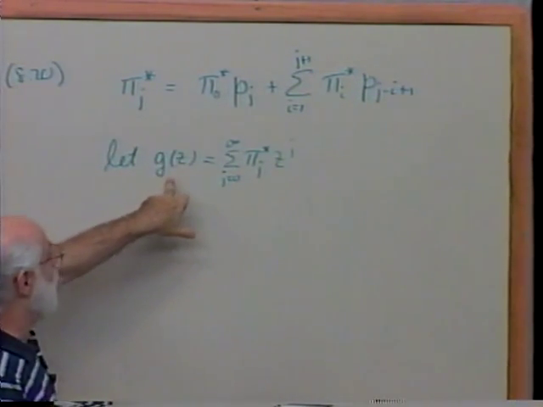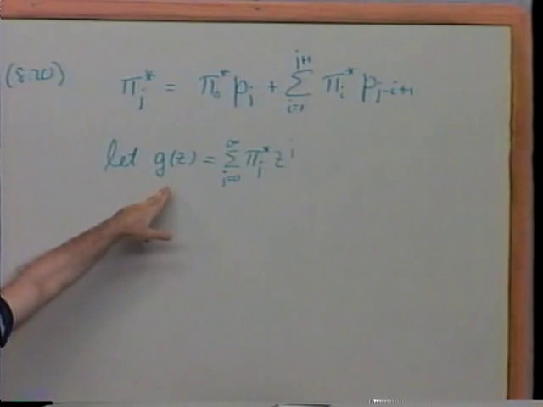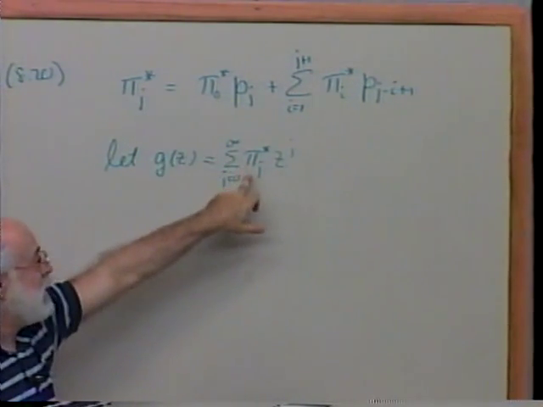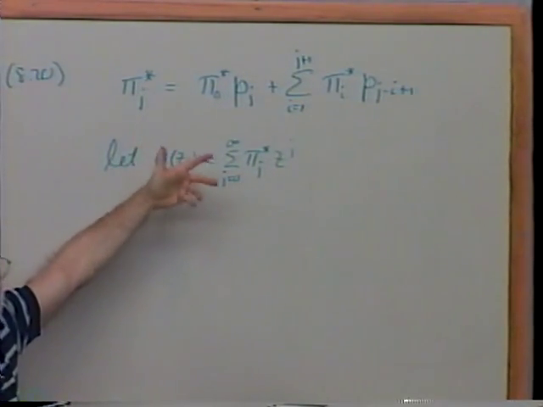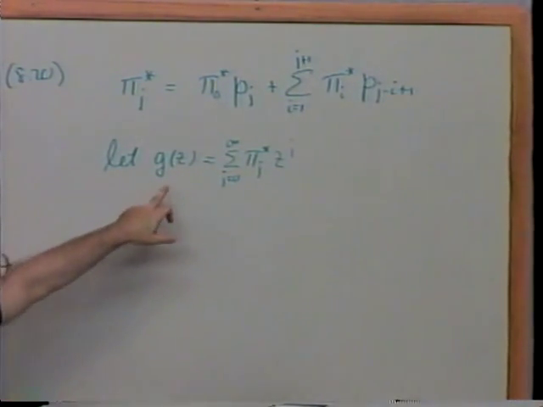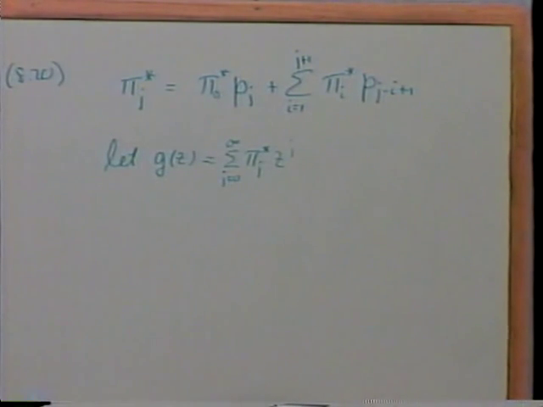The manipulation will lead to an equation for g, and I'll solve for g. Once I know g, I know all the information because, in principle, I could expand g and get the pi stars. In particular, I can differentiate to get the moments. In fact, based on this knowledge alone, we can get the whole distribution of waiting times. It's rather surprising. Now this is equation 822.